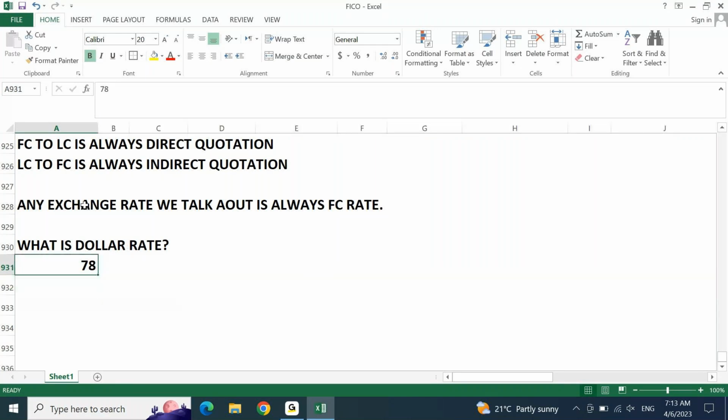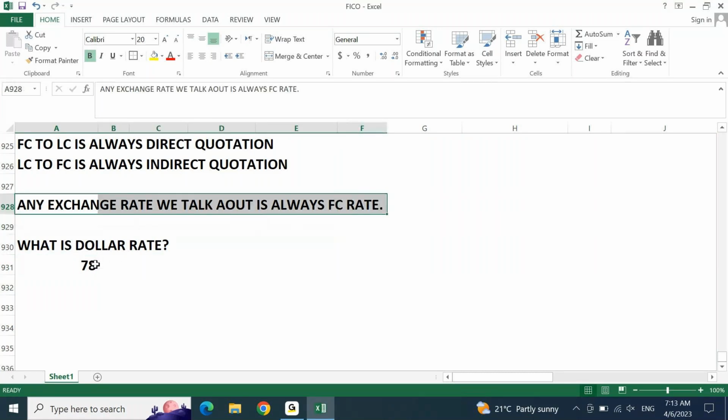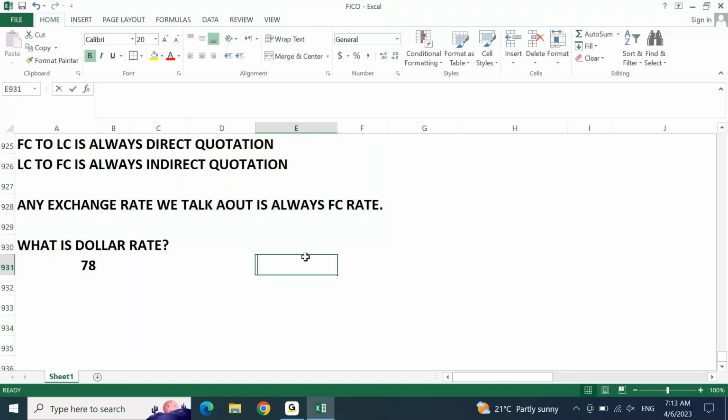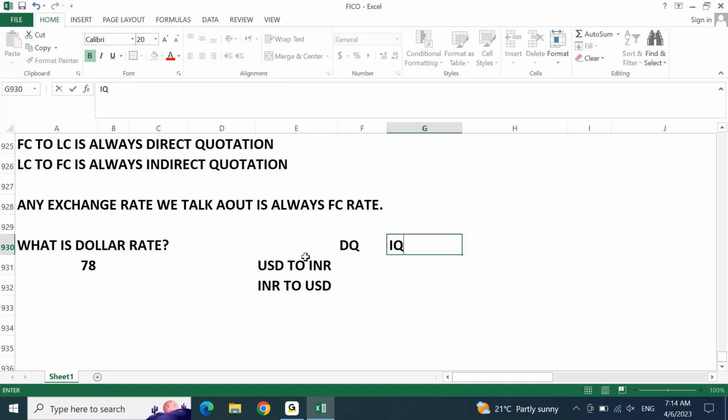Now according to this statement, is this a foreign currency rate or local currency rate? FC rate, foreign currency rate. Now if I have to put this in USD to INR and INR to dollar, I have to put direct quotation and indirect quotation. This 78 will be placed where in USD to INR, direct or indirect?